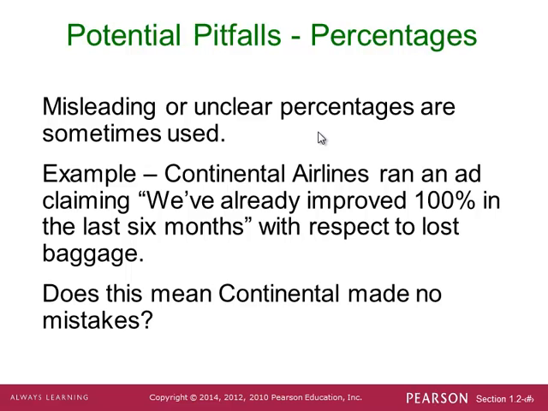Well, to me, if I had to figure out what that meant, one way that this could be true is if they had a certain number of lost bags and they cut that in half or something. I don't know. This is meaningless to me.